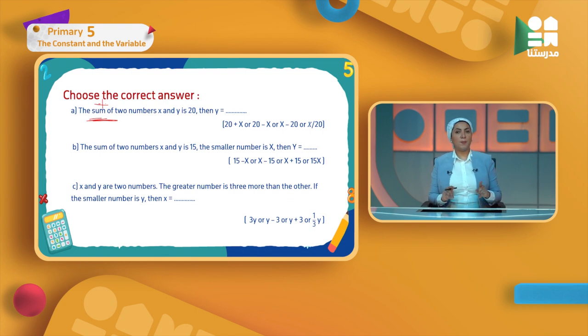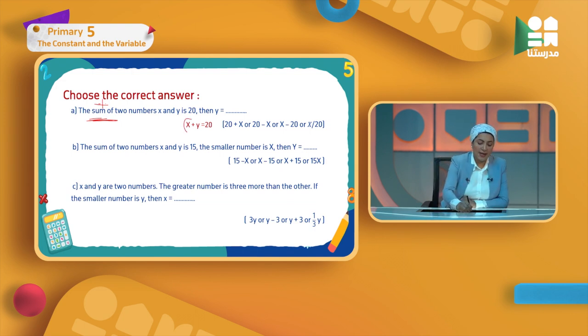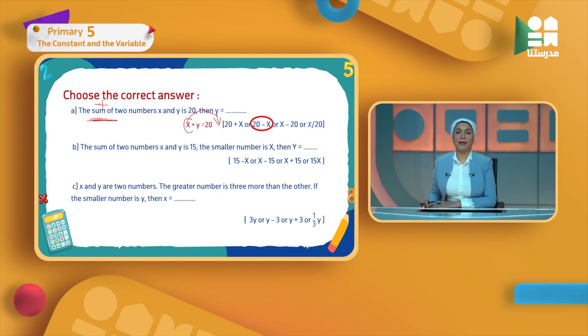So it's x plus y. Then if x plus y is 20, then y is, we move the x to the other side with the opposite sign. So y equals 20 minus x.